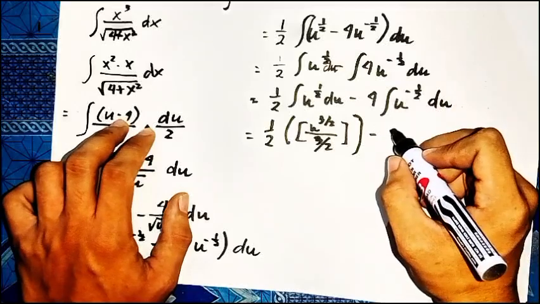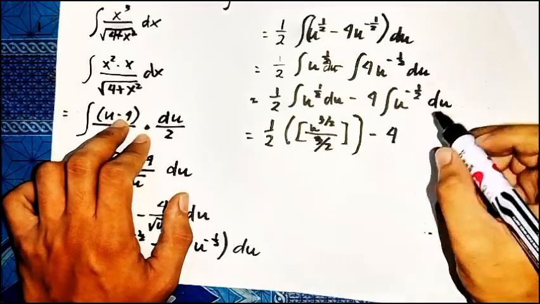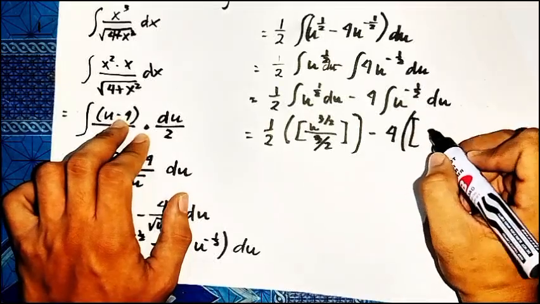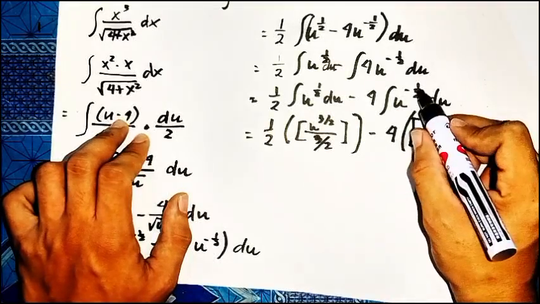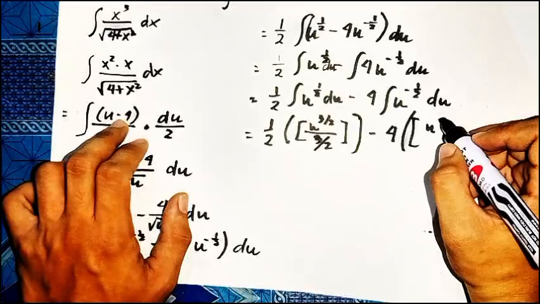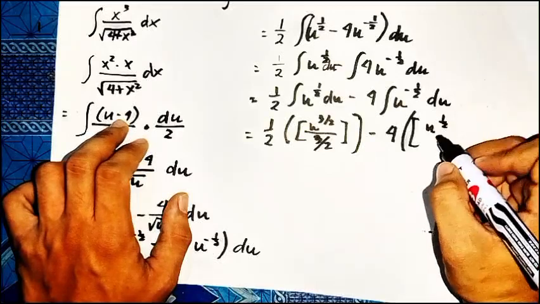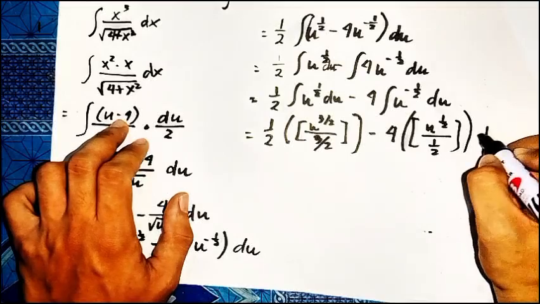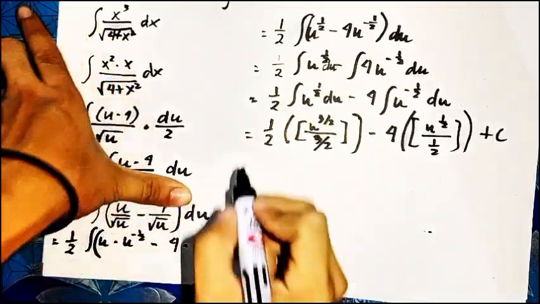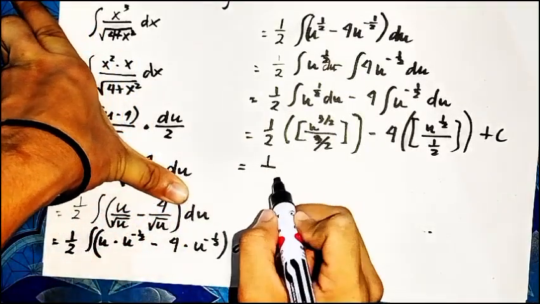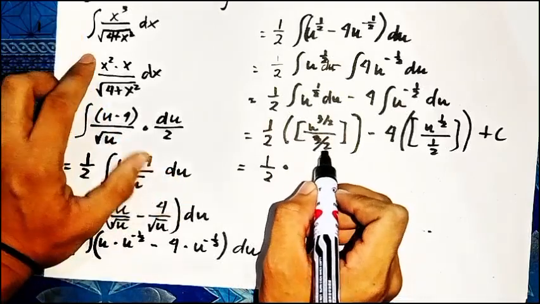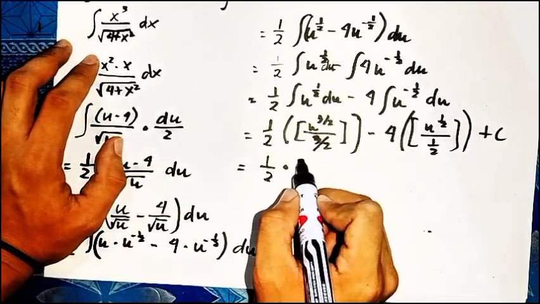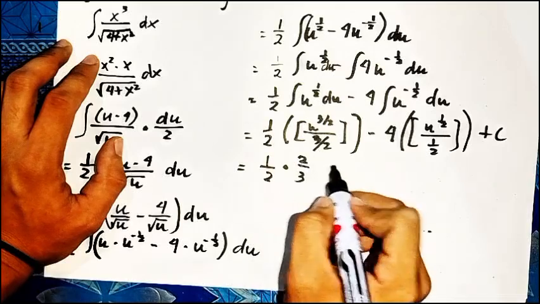Minus 4 times the integral of u to the power of negative 1/2, plus 1, which is 1/2 over 1/2. Don't forget the plus c. Now, 1/2 times, since it has 3 over 2, let's multiply by its reciprocal, 2 over 3.